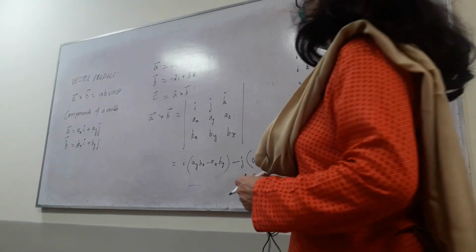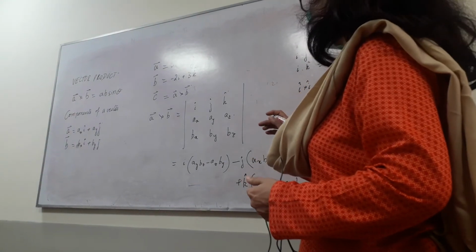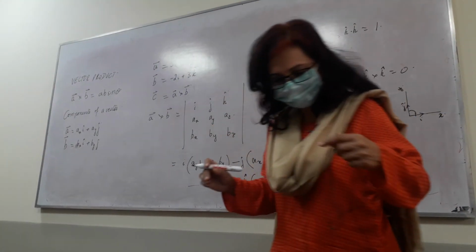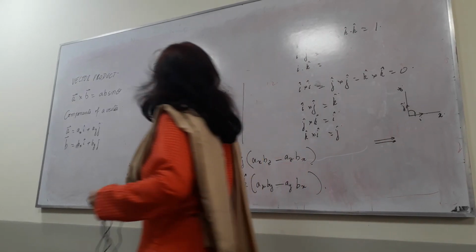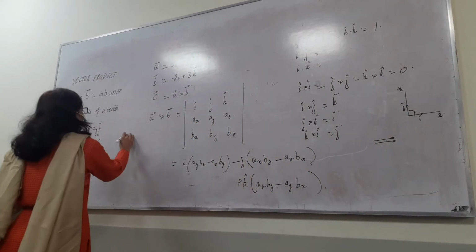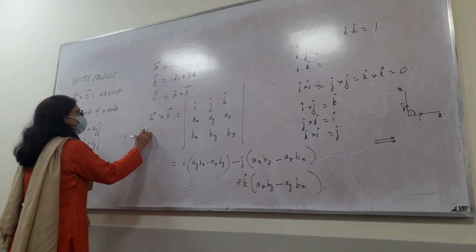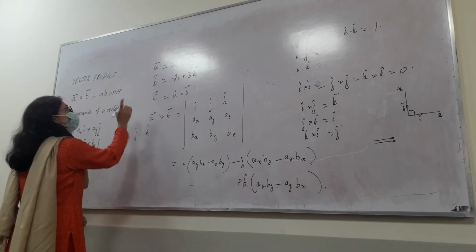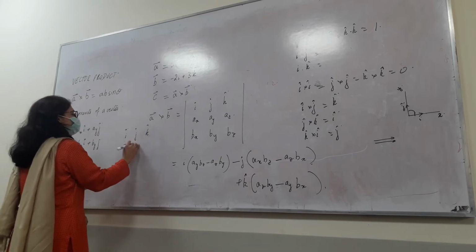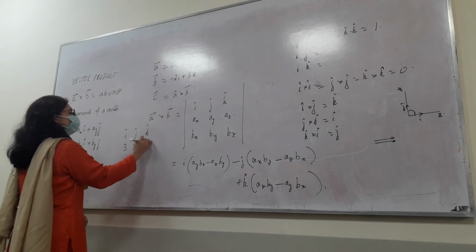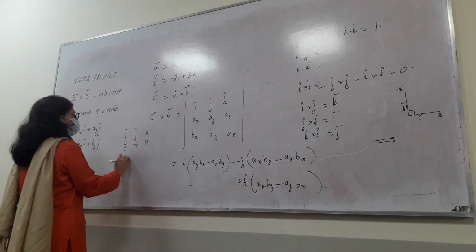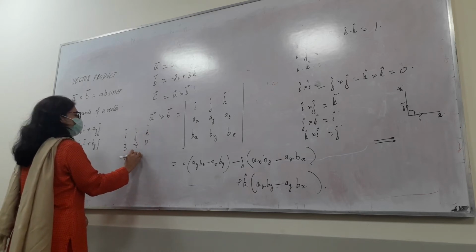If we are using this formula, let's try to use the values and see how it works. In this case, this is i, j, and k. And you have 3, minus 4, and 0. And this is minus 2, 0 and 3.